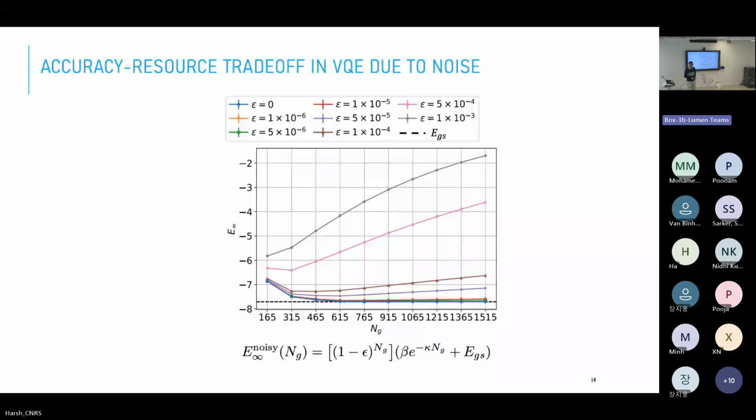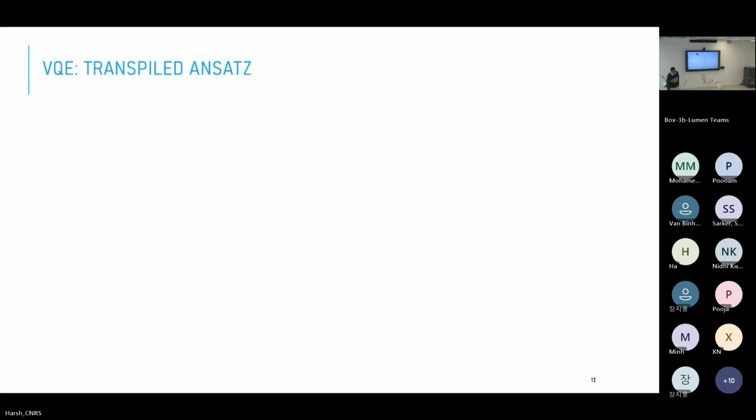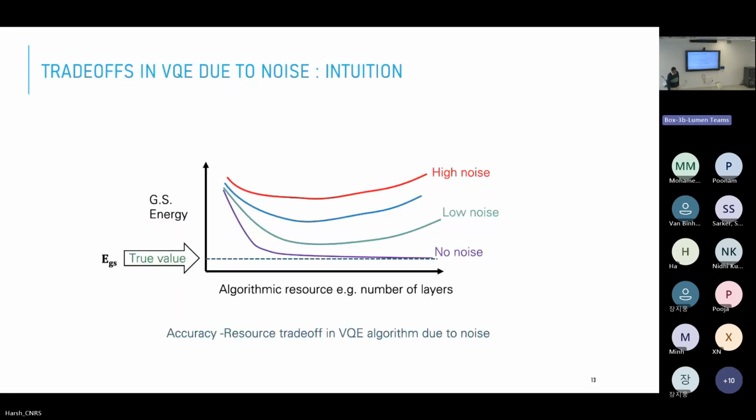Yes. What is epsilon in this case? You can talk in terms of the average noise level per gate. You use a model of noise. Yes, so we have used a global depolarizing noise model. I'll just introduce it. This is just for illustrating the intuition that we developed here.